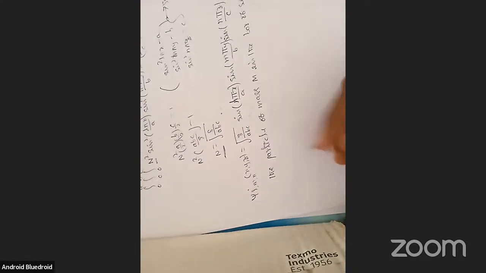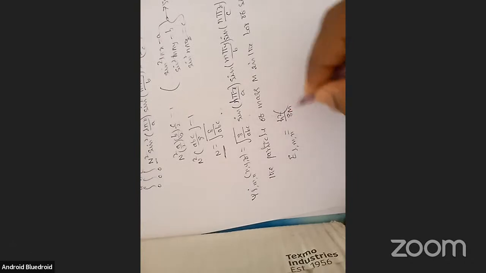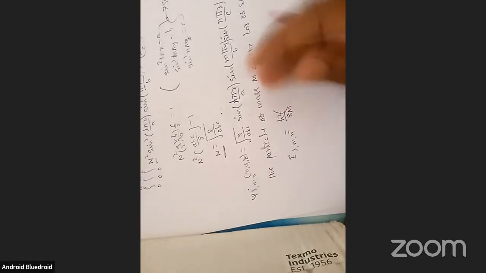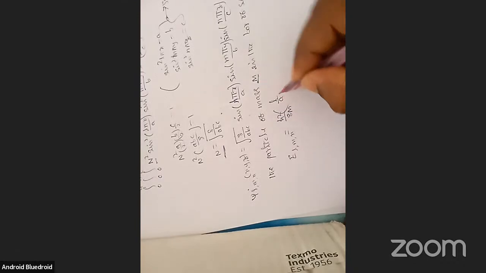Okay. So here E, L, M, N equal to h dot square by 8 into 8m. 8m is the mass value and the m value. That one is this multiply: L square by A square plus.